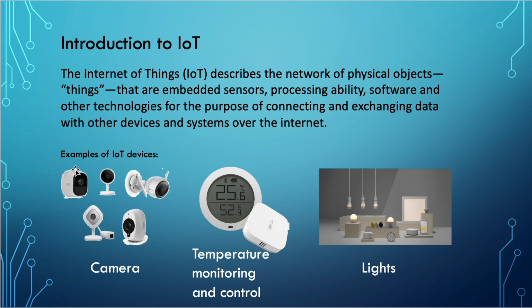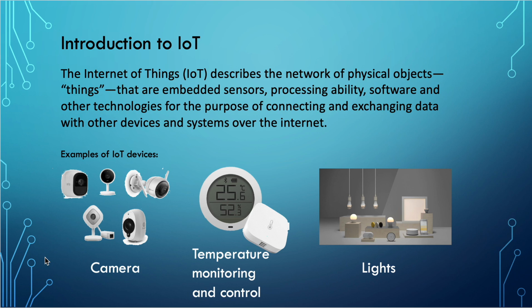So the examples of IoT devices, the very first example and one of the most common examples, is cameras. This is a well-known example for everybody. We have seen cameras being used in networks for different purposes.